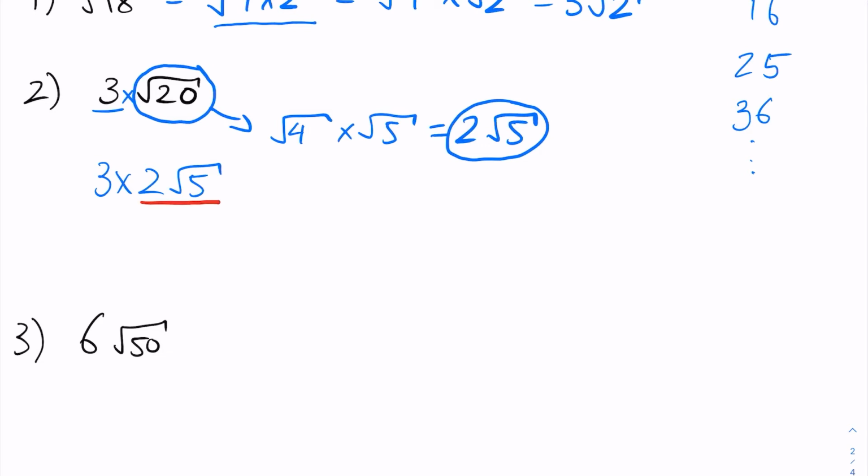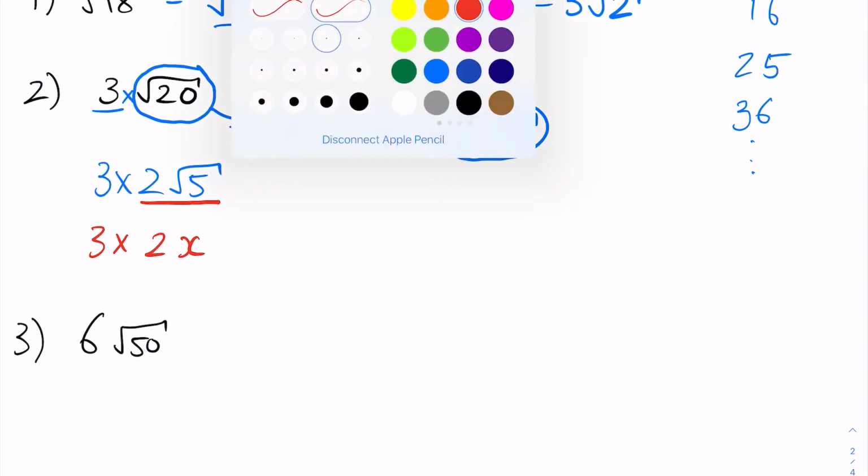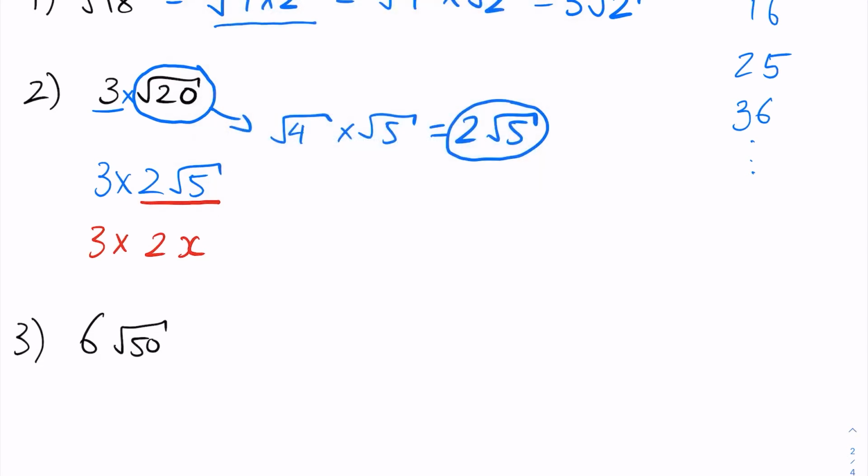An equivalent explanation, when you have something like 2x, and you're timesing that by 3, so 3 times 2x, you have 6 x's. And in exactly the same way, up here, 3 times 2 root 5s is going to be 6 root 5s. Okay, and that would be your final answer there.